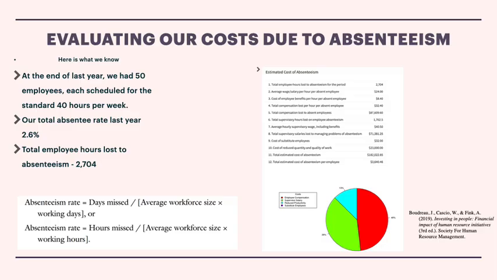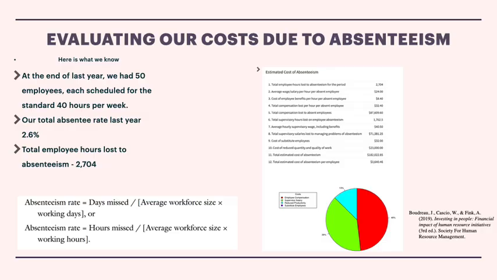Now, to the right, the estimated cost of absenteeism. I will not go over this line for line, but we are going to look at line items 11 and 12 because they are quite shocking for a company size of 50 people. So we'll start with 12, the total estimated cost of absenteeism per employee last year, over $3,000.